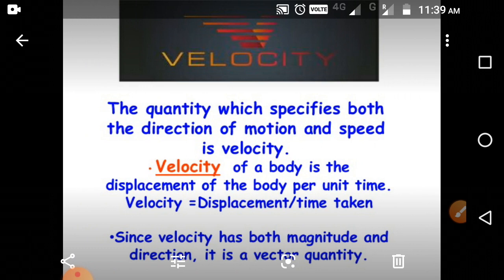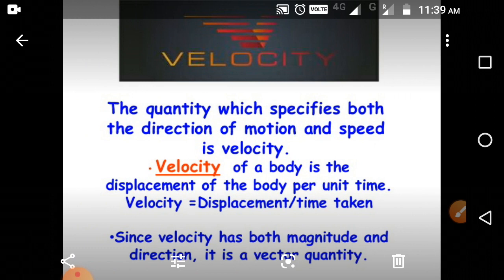The quantity which gives speed and direction is called velocity. Speed with direction is known as velocity. We can find the velocity by using the equation displacement divided by time. What is velocity? It is the displacement divided by time.